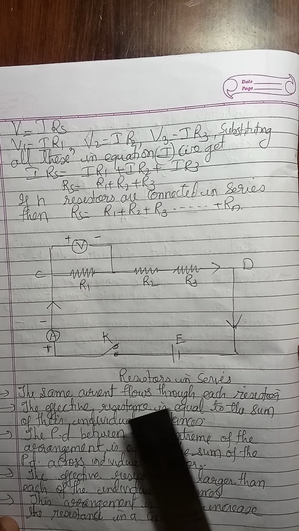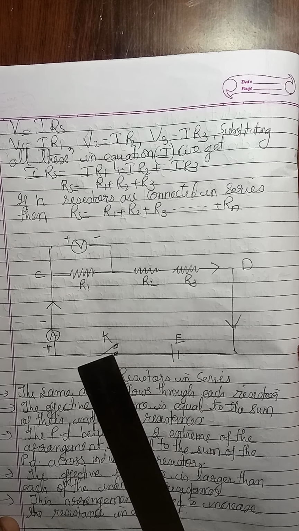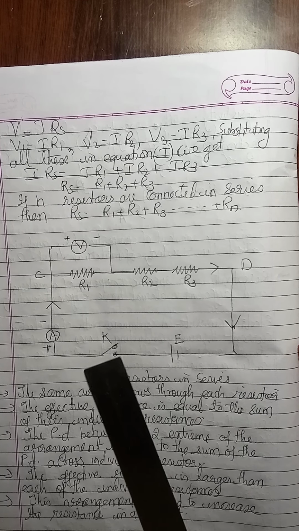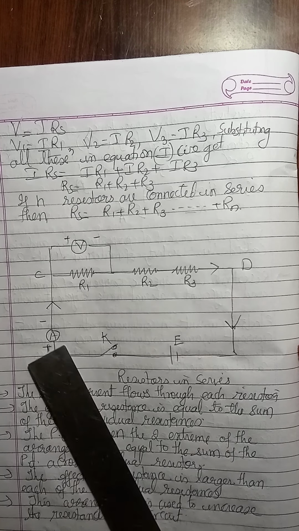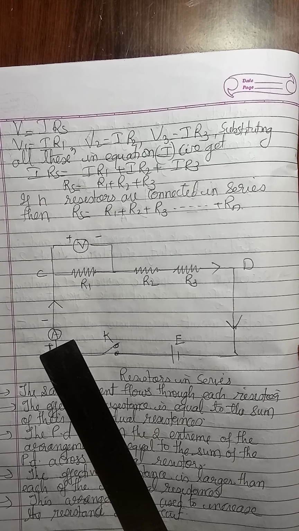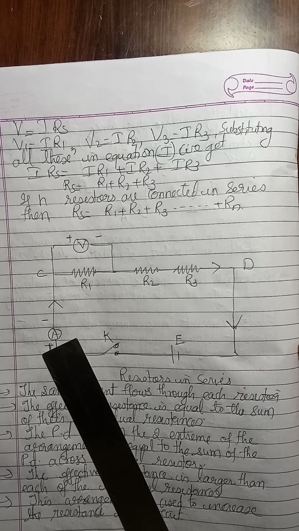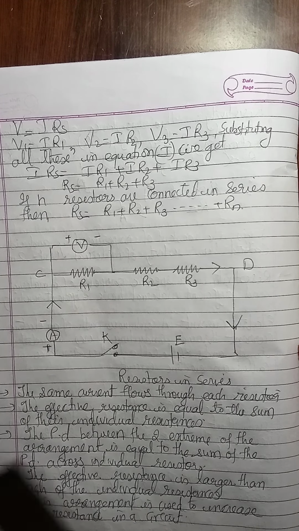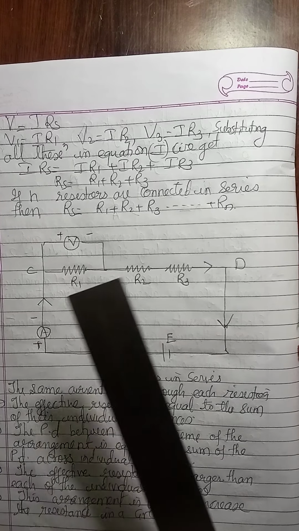This is a key with the help of which we allow or disallow the passing of the current. The ammeter is the device which helps to identify how much current is passing through the conductor. And V is a voltmeter, a device which helps us find out the potential difference across each resistor.